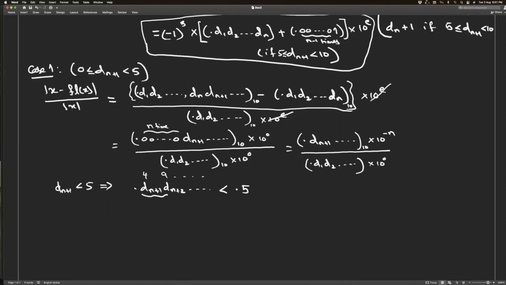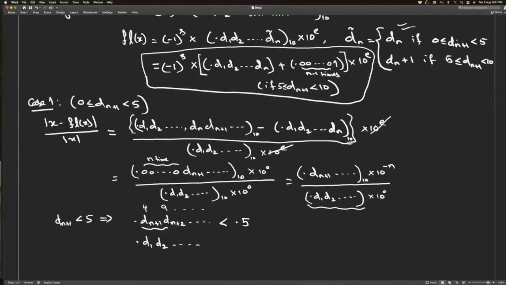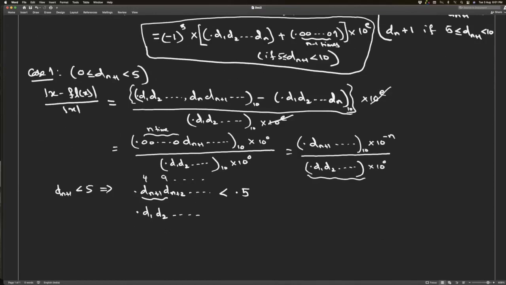And similarly, you take the mantissa in the denominator, that is going to be d1, d2 and so on. And remember that we have written x basically in the floating point representation. Therefore, your d1 is actually not equal to 0. So in the worst case, it can be something like 1 and so on. Therefore, it will be surely greater than or equal to 0.1.